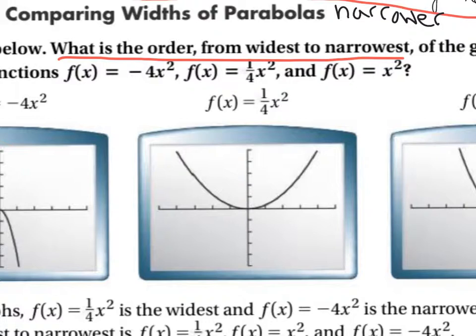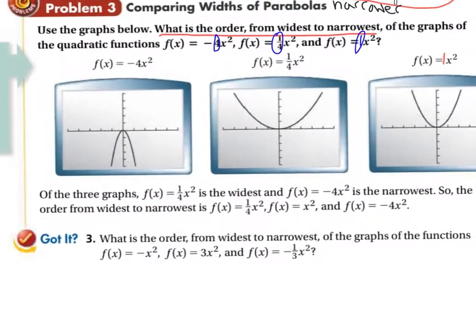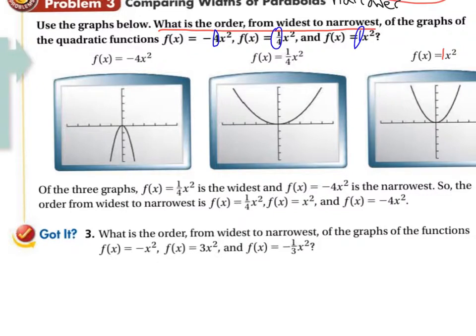If we ignore the signs, we're looking at the 4, the 1/4, and in this case a 1. If it's a smaller number, it's going to open wider. So the widest one would be y equals 1/4 x squared, because 1/4 is the smallest number there.